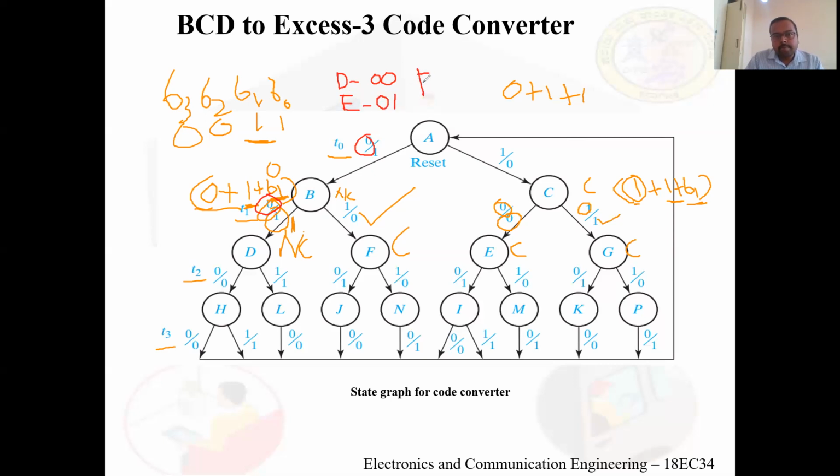Accordingly, the states are 1, 0, 1, 0. And this G here, 1, and that is how the state naming is given. This is D because it is 0, 0. And it is given as F because it is 1, 0. 1, 0 is F. And E is what? 0, 1.